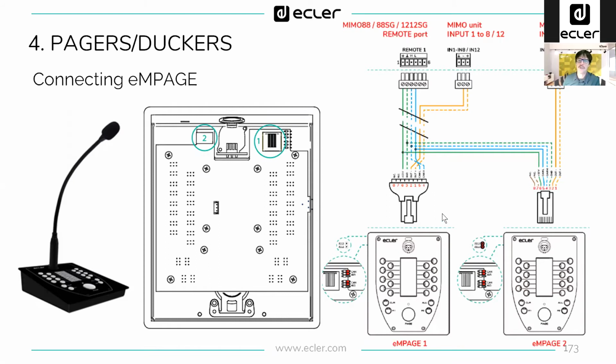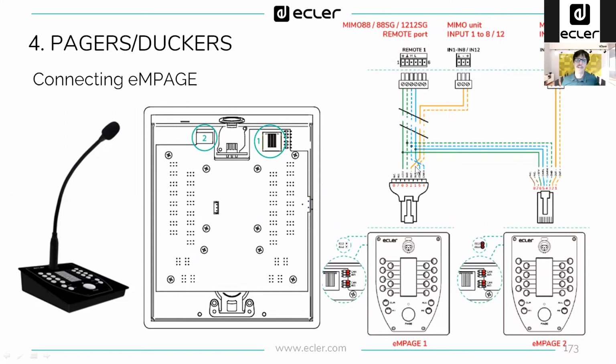With the EM page comes an RJ45 Euro block adapter, and you can take advantage of this because they have to be connected in daisy chain, okay? This means one after the other, from the matrix to the first EM page, and from the first EM page to the second EM page, okay?